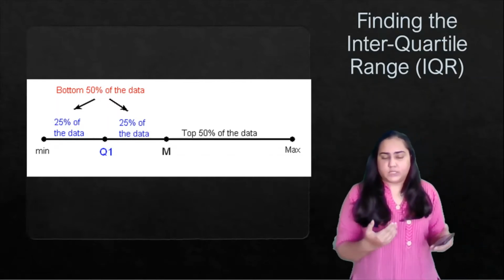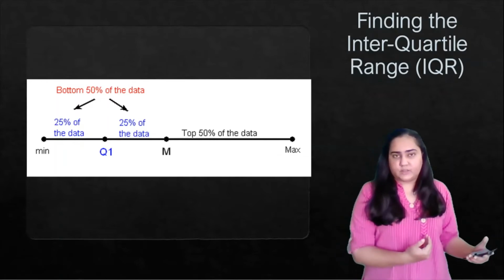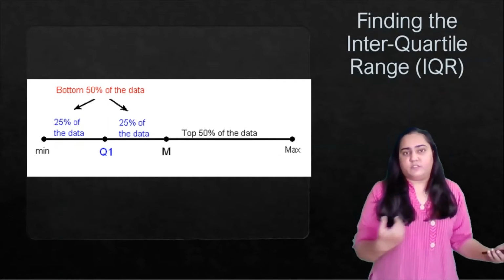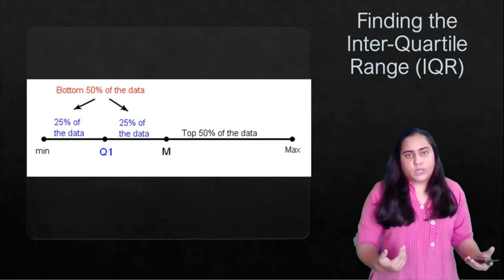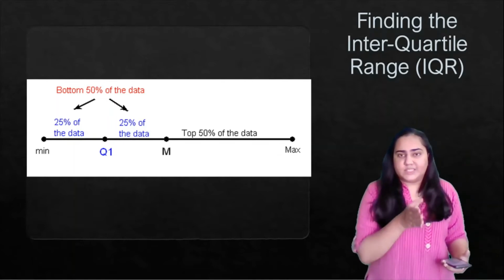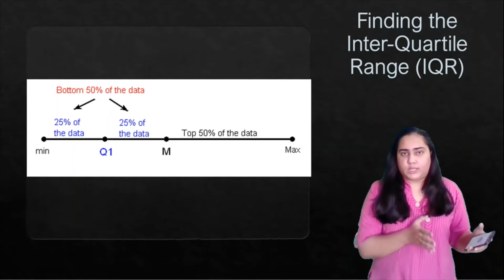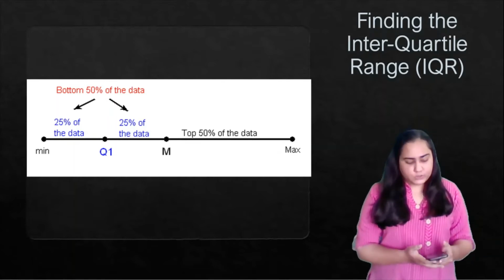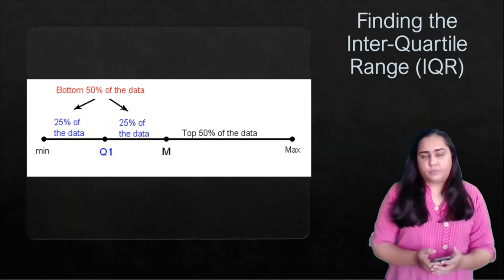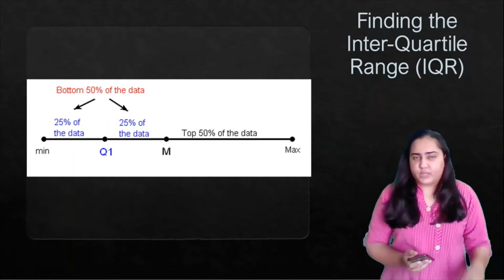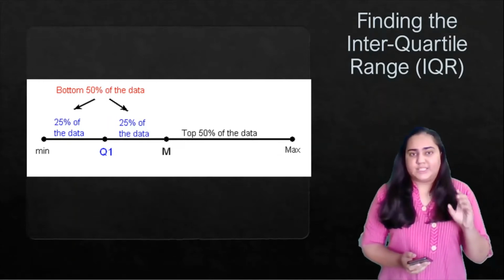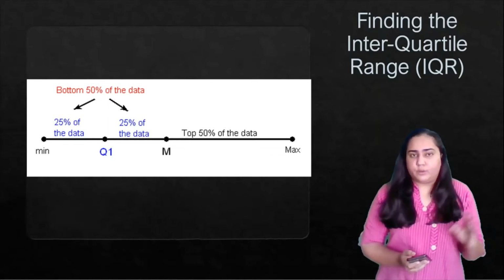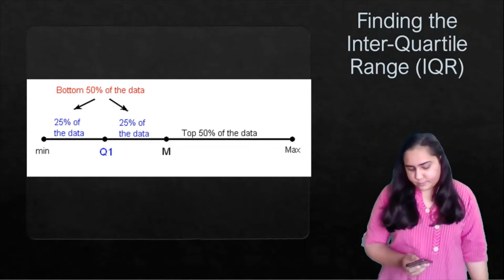Whatever's on the left side, which is 50% of data, I divided into two equal parts of 25% each. Then I found the center of that data, which is Q1, known as quartile 1. That is my second step, finding Q1, which is the center of the 50% of data below the median, or less than the median.